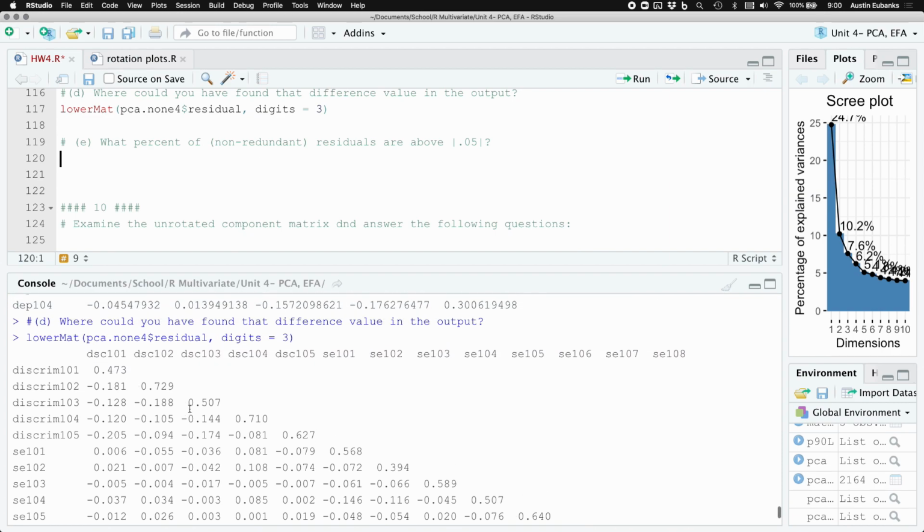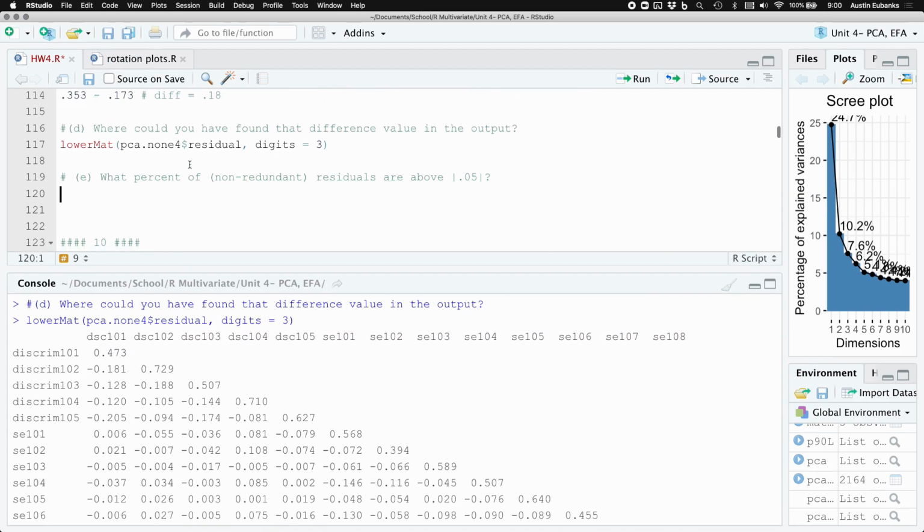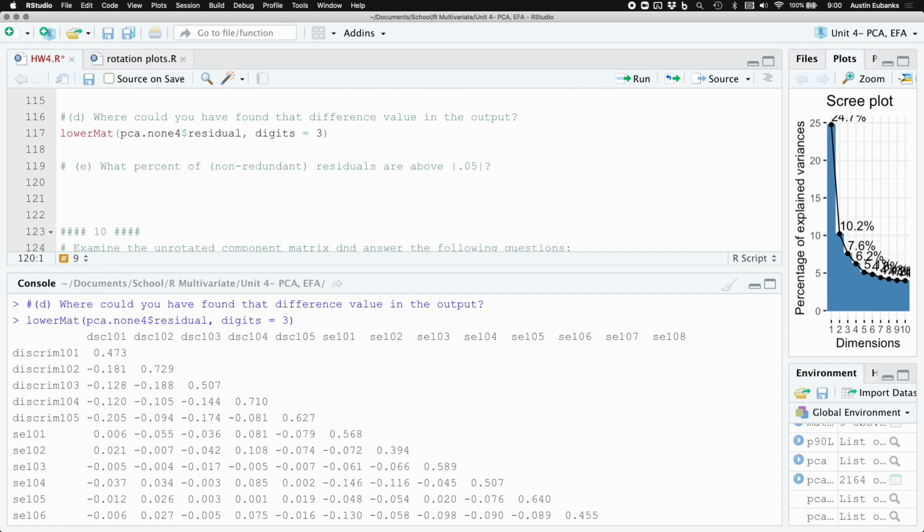And so the next question we're going to look at is how to figure out quickly, so that you don't have to hand count, how many of these residual correlations, meaning the errors that we made in estimating the correlation, are above 0.05. Here I'm going to start by copying and pasting what we had for getting that residual matrix, because I still just want that lower triangle, rounded to 3 just to make it pretty.